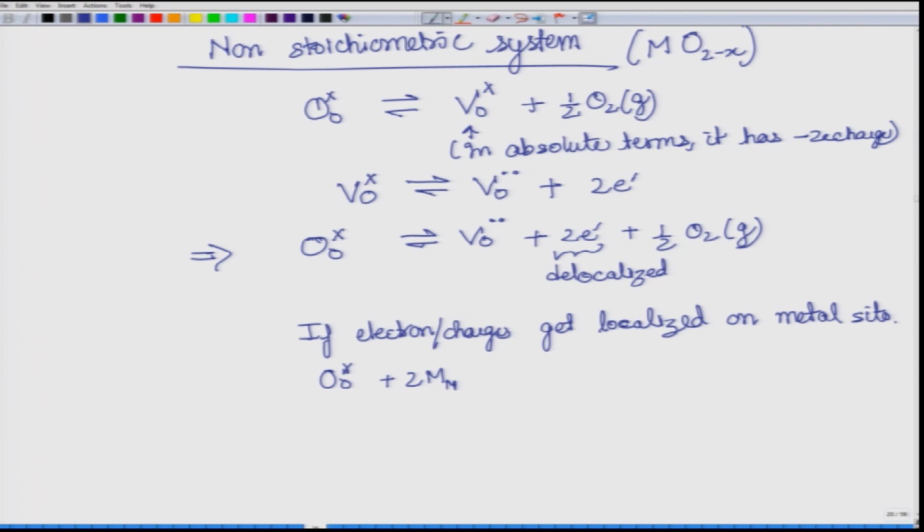Let us say that there are 2 electrons and they are moving to 2 different sites. So each of the metal sites gets reduced by 1 charge. Therefore, to begin with they are neutral, the oxygen site is neutral and it forms a vacancy which has effective 2 positive charge, plus 2 negative charges, plus 1/2 O2 gas. So you see that we are now able to represent this kind of defect as a reaction.